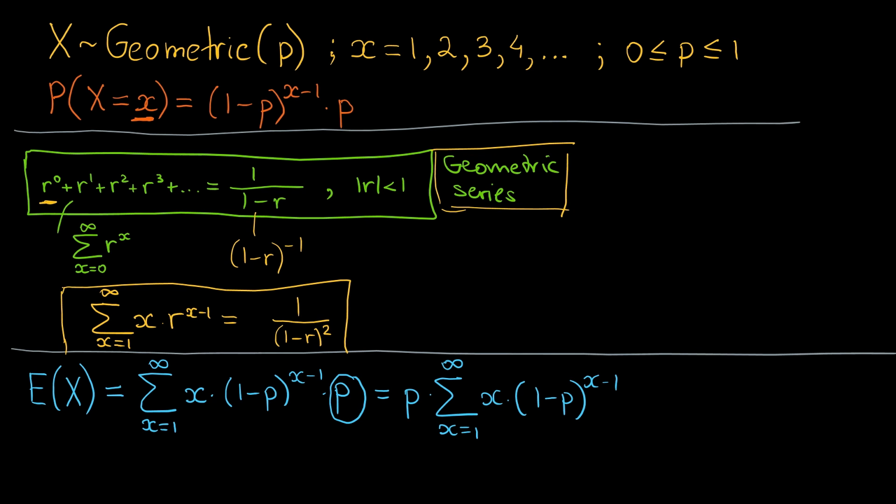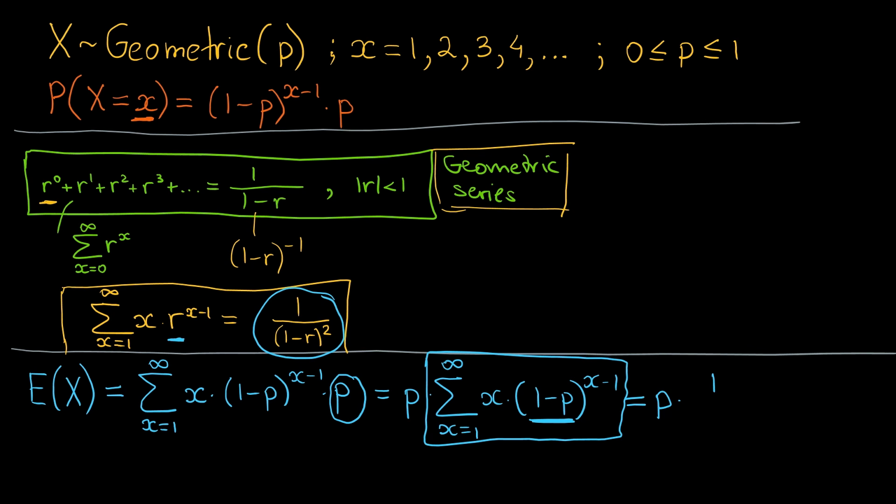Okay, and that is exactly the identity we needed, right? Because if you just replace this r with 1 minus p, let's look at it for a moment, this identity is exactly what we need. So then what is it that we get? We have p times what? So this whole summation sign here can be replaced by the right side here, where instead of r we'll use 1 minus p.